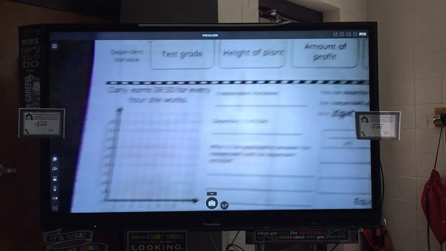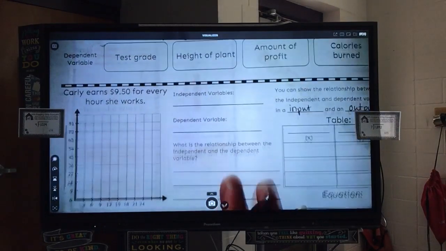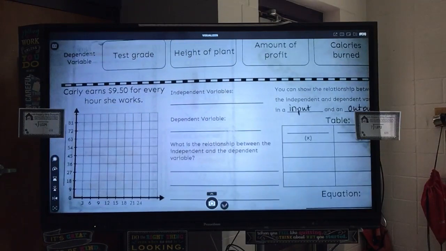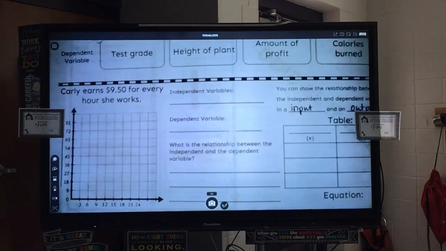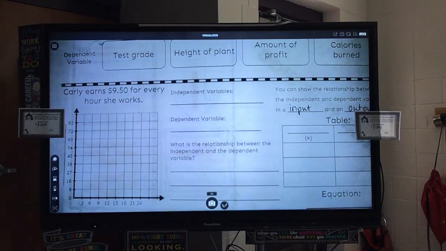All right, so what do you think is the independent variable? What do you think, Kaylee? Time spent working. Are you sure? Hours. Well, you just told me both. So I'm going to say hours spent working. How many of you agree that it's hours spent working?